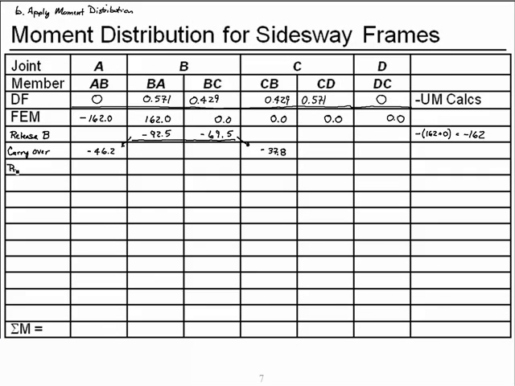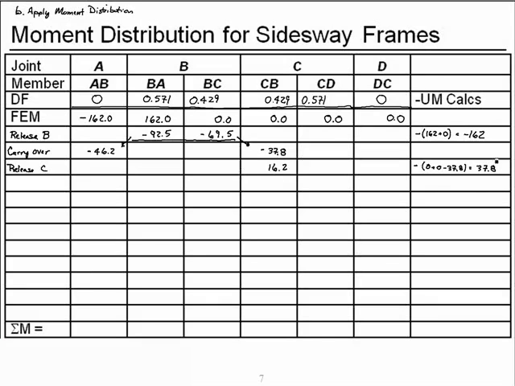Now we're ready to release another node. Let's release node C. Unbalanced moment is the 0 plus the 0 minus the 37.8 foot kips. And so the negative signs cancel, and we need to distribute a positive 37.8 foot kips. So when I take the 37.8 times the distribution factor of 0.429, I get a positive 16.2 foot kips.